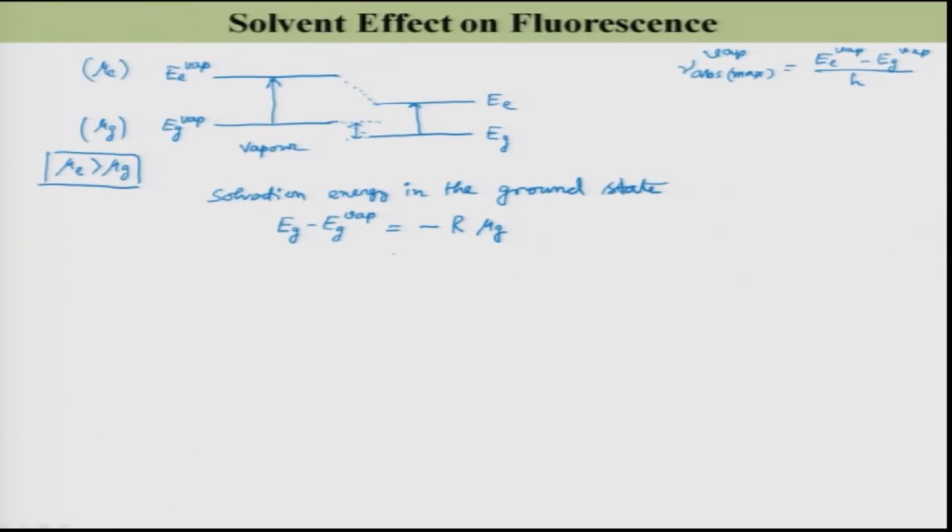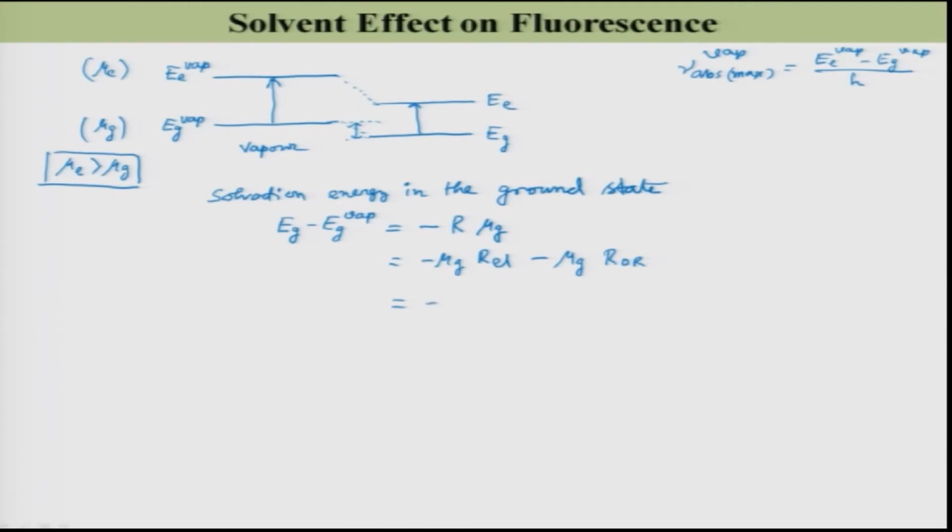So, this is going to be equal to minus mu g R EL minus mu g R OR, right. So, I will simply write the expressions of R EL and R OR, which are nothing but 2 mu by a cube, with the electronic polarizability for R EL and the orientational polarizability for R OR.